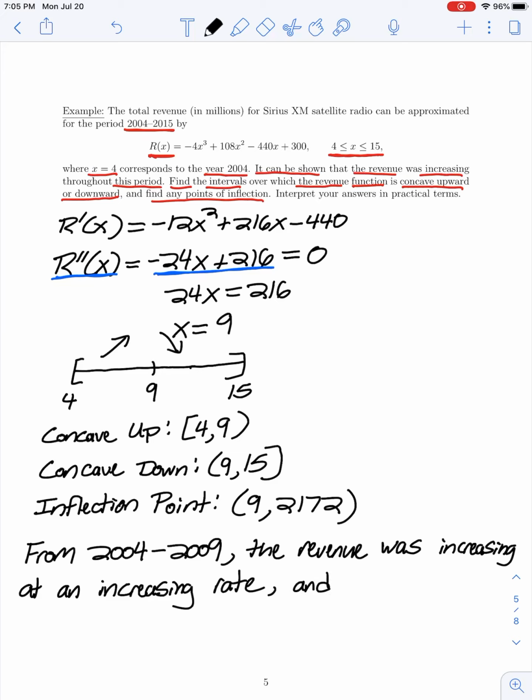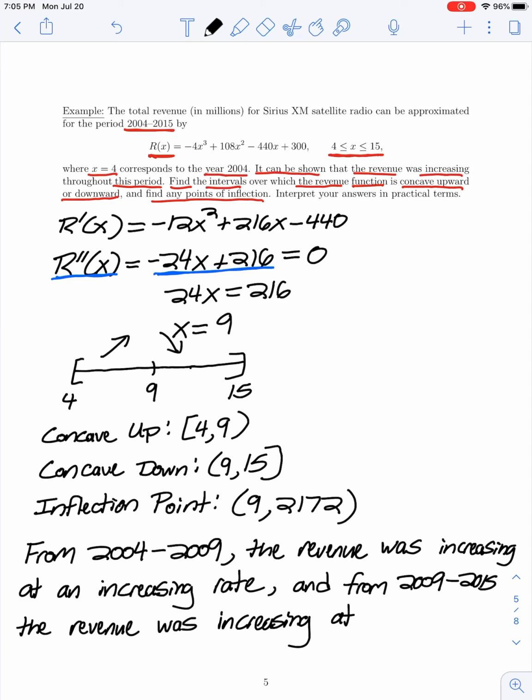And from 2009 to 2015, the revenue was increasing at a decreasing rate.